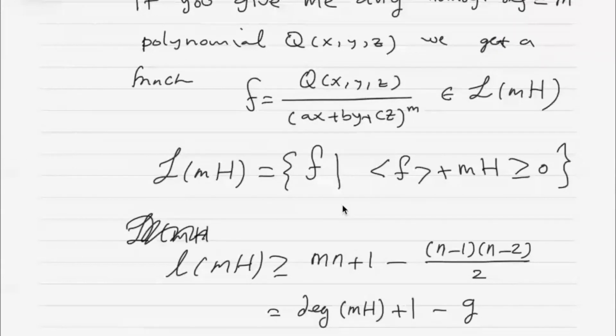But the drawback is that we haven't really proved Riemann's inequality for any divisor. We have proved it for these particular types of divisors, m times h. So our next job is to see how to generalize this proof from this particular divisor to a general divisor.